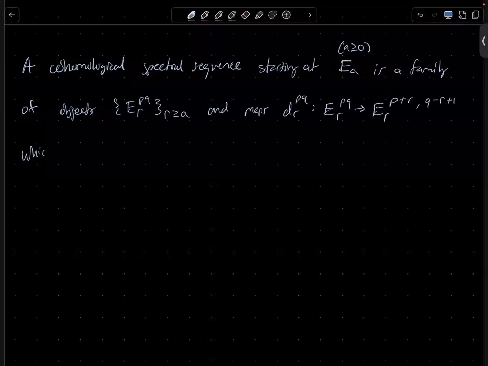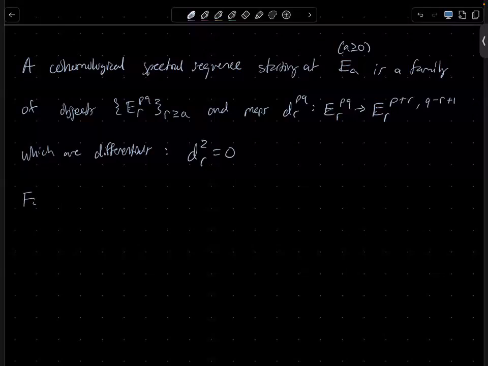Which are differentials in the sense that, okay, I'll just say that d squared equals 0. So for fixed r, if you take two adjacent differentials and compose them, you get 0. We'll see that in the picture. I'll draw it in a bit.